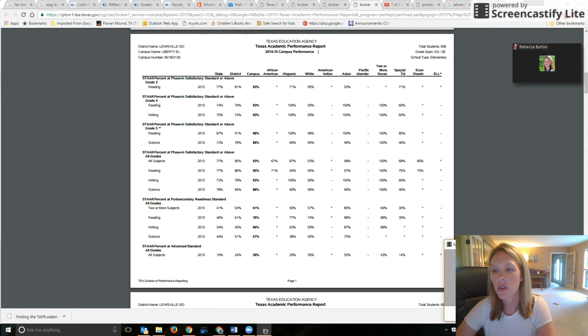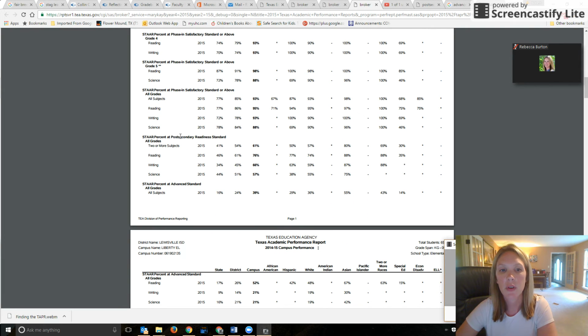If you look over here, you'll notice that special education, they actually have a more difficult time in this particular school meeting the standards for STAAR. And part of that is because STAAR has made so many changes as far as who they're allowing to take modified tests and who they aren't allowing to take modified tests. So again, this percentage is going to indicate what percentage of students are meeting that standard.